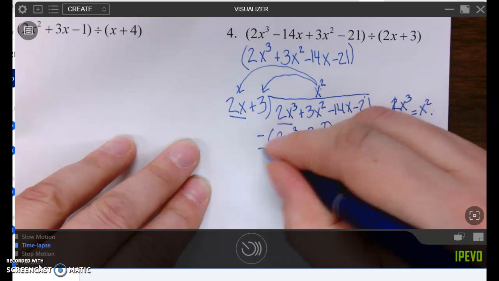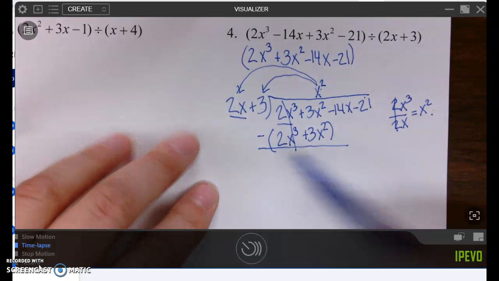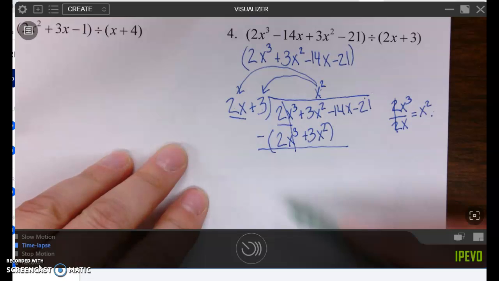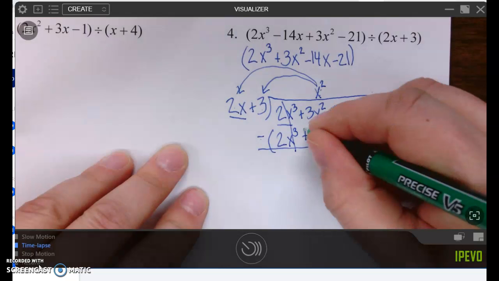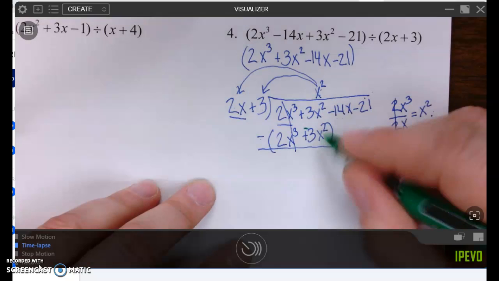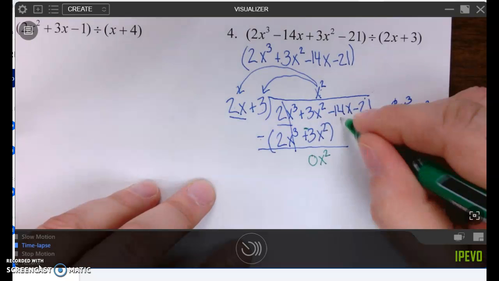And we're subtracting. First terms always cancel. Now, this is a special case because of the 3x squareds also canceling. Remember, if we're subtracting, a negative times a positive is really a negative 3x squared. And so if I subtract here, I don't have anything left. Now, I'm going to put 0x squared just because I need to have something there when I bring down the negative 14x.